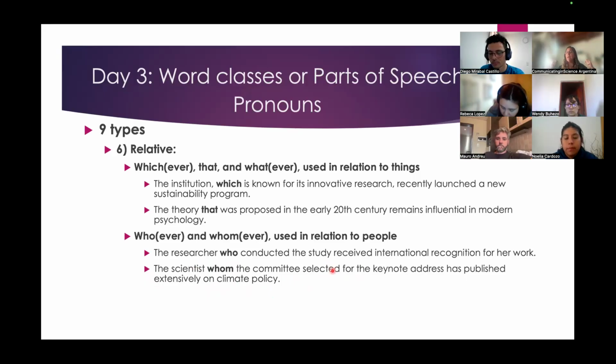In this case, the committee. If I wanted to use who, I could, but I would have to change the sentence. I could say the scientist who was selected by the committee.